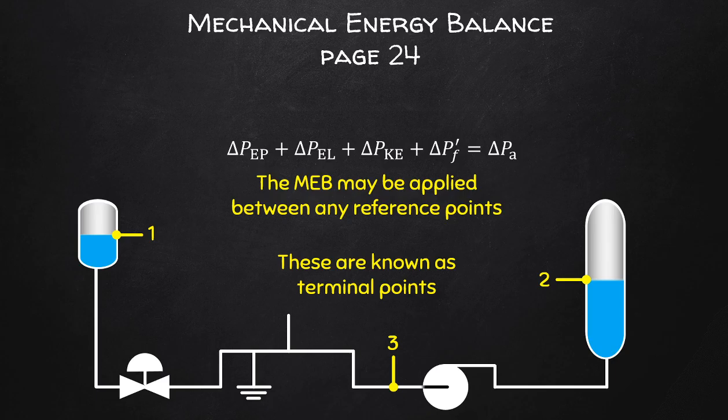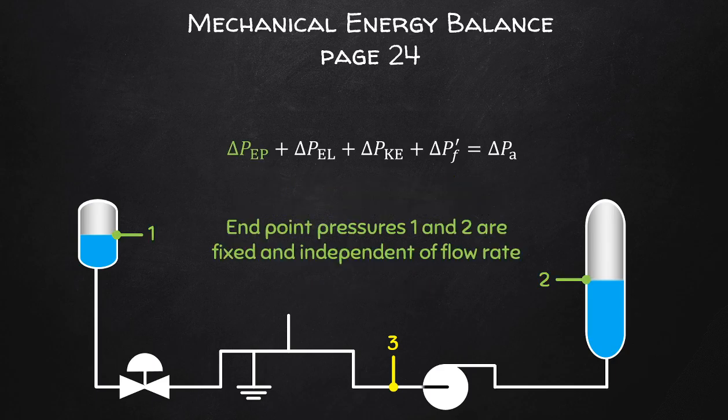These points are known as terminal points. The endpoints of our system are typically fixed and would be independent of flow. So it doesn't matter what the flow is at point 3, the pressures inside tank 1 and tank 2 will more or less stay the same. And so these are going to be non-variable pressure points.